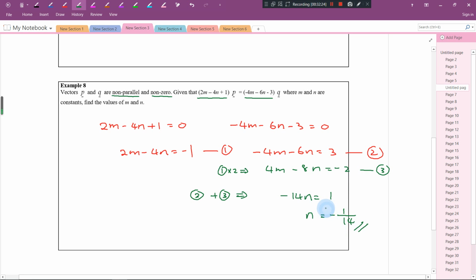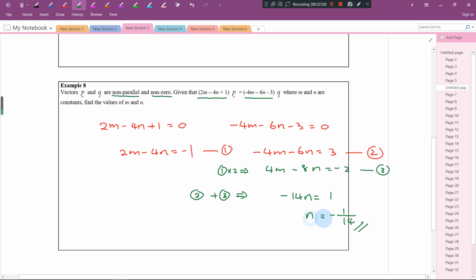If you have used a calculator to check the answer just now, you can compare this answer with the answer that you got from the calculator. If it's different, maybe there is some mistake over here, try to double check again. If this is the same as the answer given by your calculator, then you continue and just be more careful. Should be no problem to get the value of m correctly.